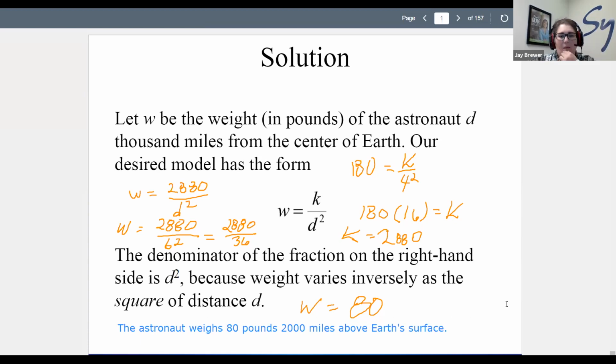So if you're dealing with an application-based problem, what's the solution? I want you to give me a sentence.